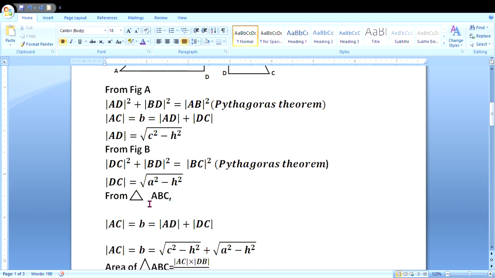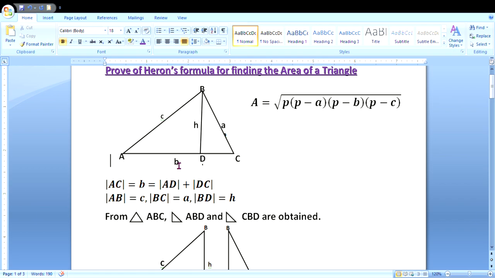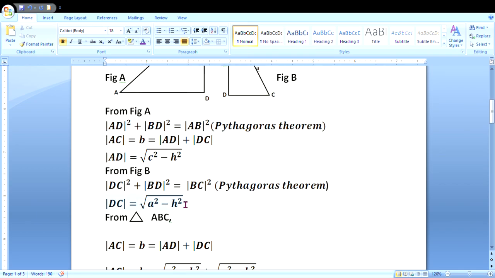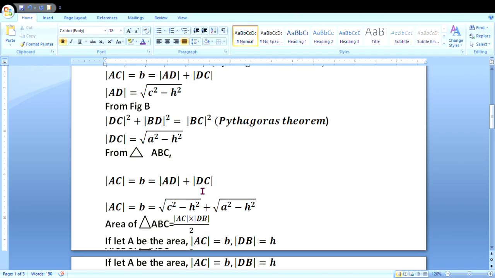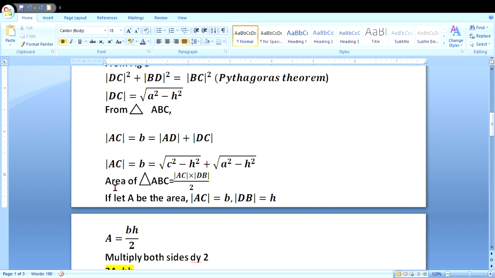Then we also know that from triangle ABC, the area of the triangle is AC times DB divided by 2, which is the base times the height divided by 2. But we know that the line AC is equal to AD plus DC. So we obtain that AD is the square root of c square minus h square, and DC is the square root of a square minus h square.